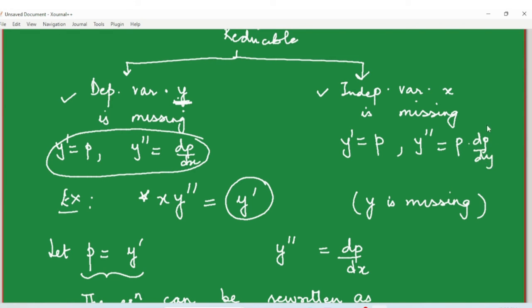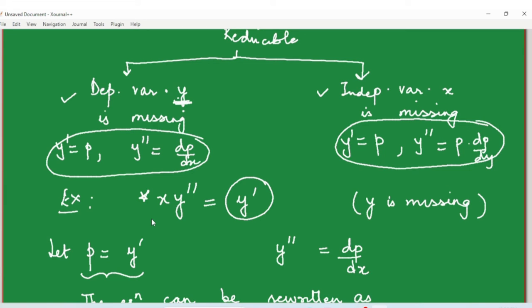So if you do that, this substitution is going to help you reduce the second order differential equation into a first order differential equation in terms of p and x or p and y, depending on the category that you are doing. Whether y is missing or x is missing, it's going to depend on that. And once you have p in terms of y or p in terms of x purely, you go back to your original notation. p was an introduction made by you.